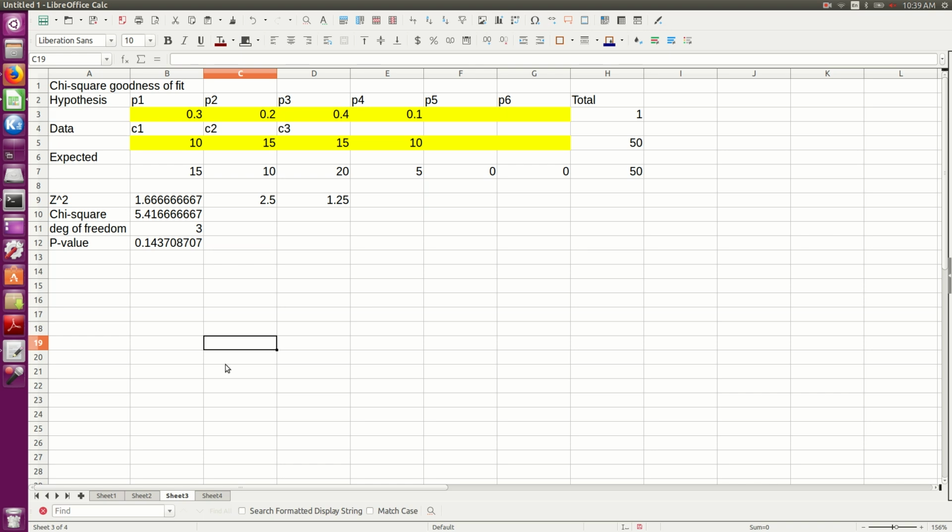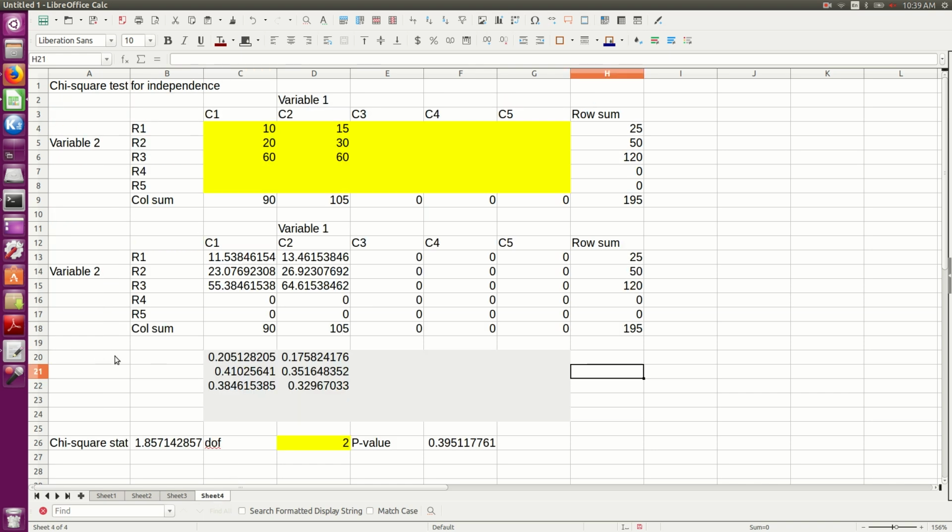And similarly, if I go here and I want to do the same thing with my degrees of freedom, well, same basic idea.